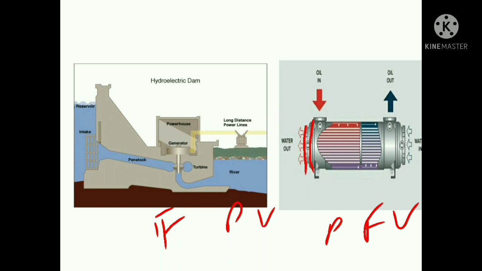Okay, but when we allow this water to pass through, then more quantity of water will flow through this condenser, and there is more heat transfer and effective cooling in the condenser. So our condenser is mostly working on the principle of flow. More flow, more quantity, more capacity of this condenser.